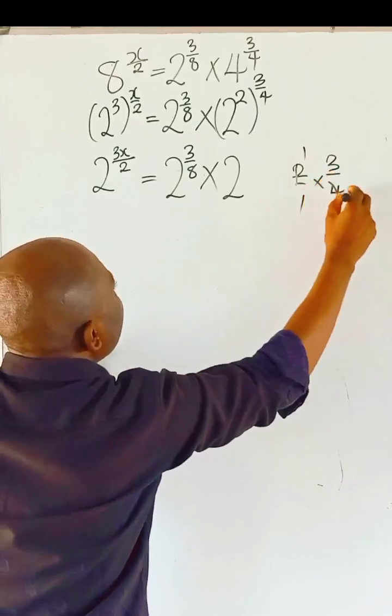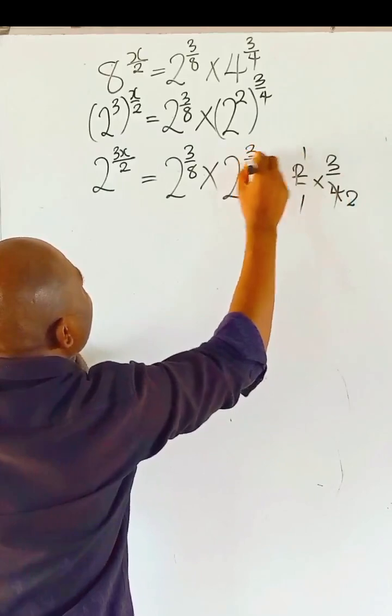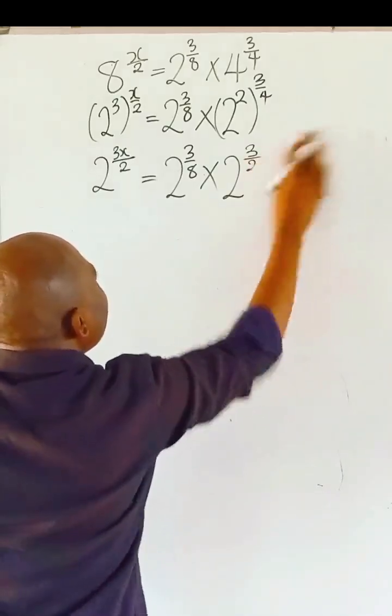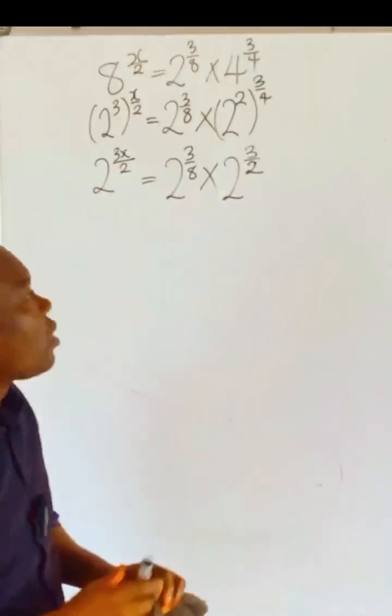The 2 here is 1 and the 2 here is 2. So what we have remaining is 3 all over 1 times 2. Having gotten to this point, we continue.